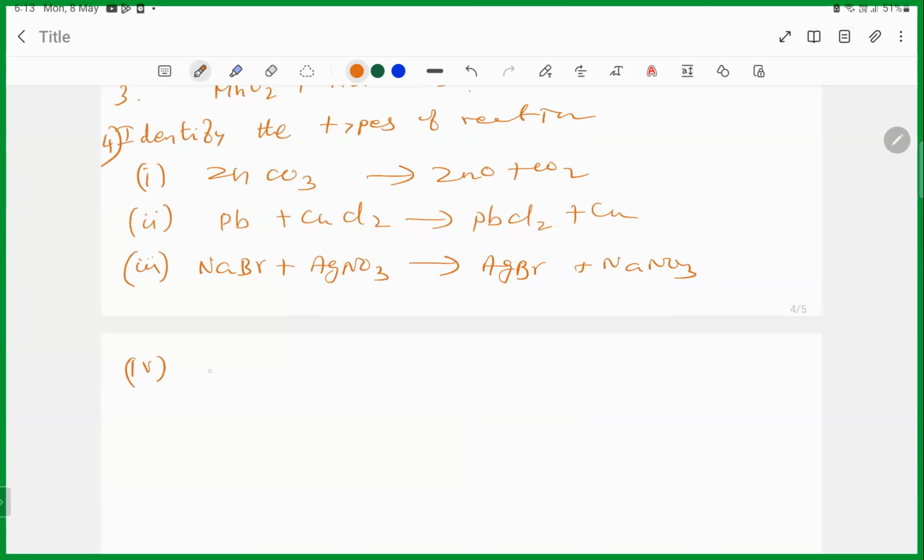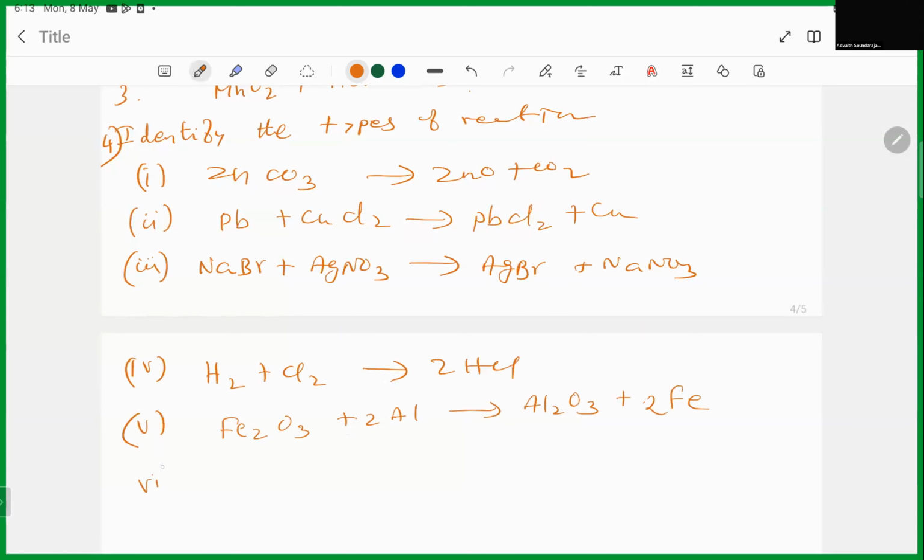Number 4, H2 plus Cl2 gives 2HCl. Number 5, Fe2O3 plus 2Al gives Al2O3 plus Fe. Number 6, 3H2 plus N2 gives 2NH3. Classify them.